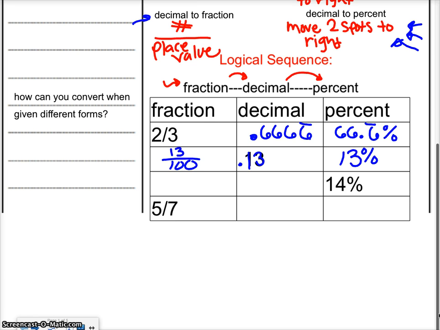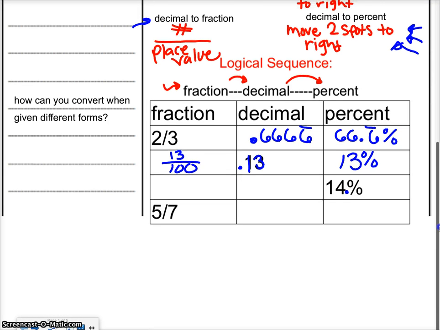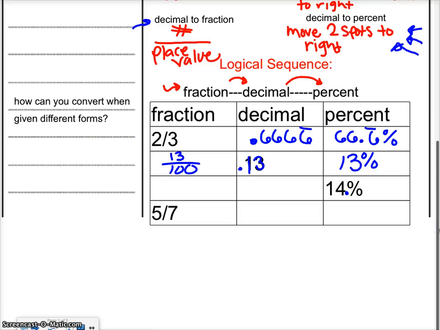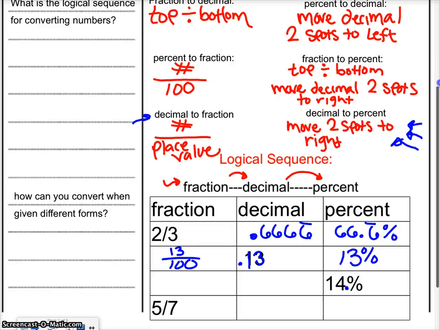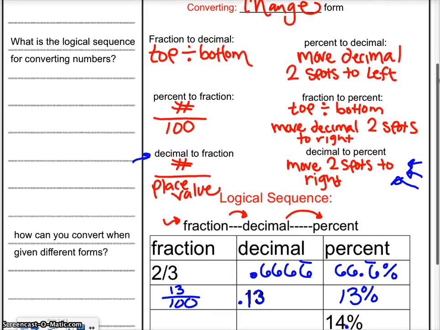Okay, given my percent, now I need to turn my percent to a decimal and a fraction. Well, I have this little decimal right here. It's always hiding at the end there. And I just want to check, how do I turn a percent to a decimal? I know it's up here. Percent to decimal right here.